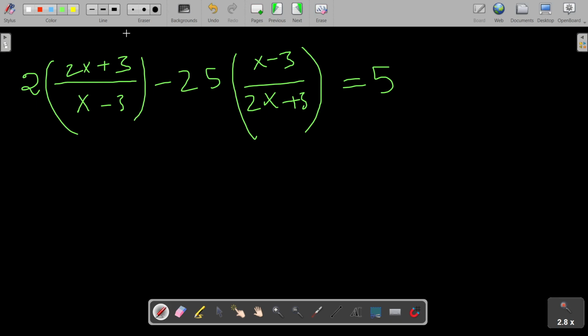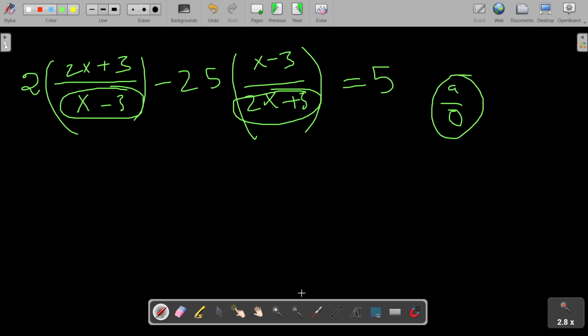Okay, so here we can see, and one more thing, in this denominator, the denominator should not be equal to 0. If the denominator is, let's say, a by 0, this number is undefined in mathematics.